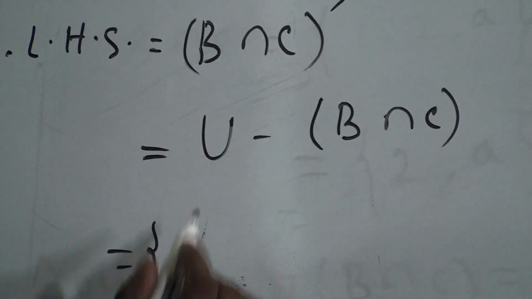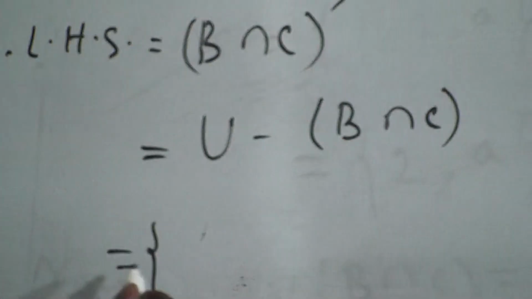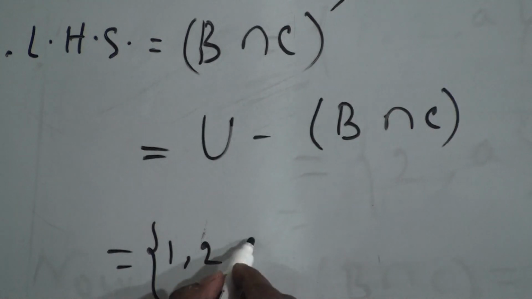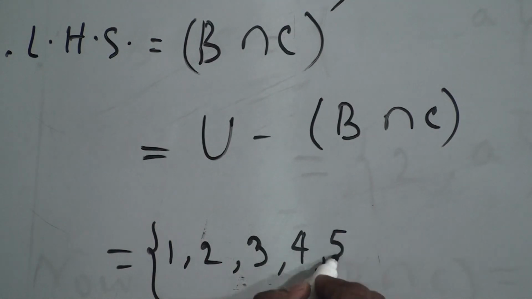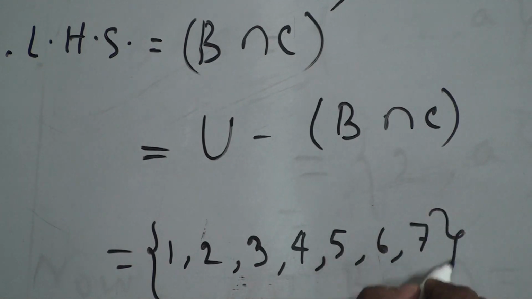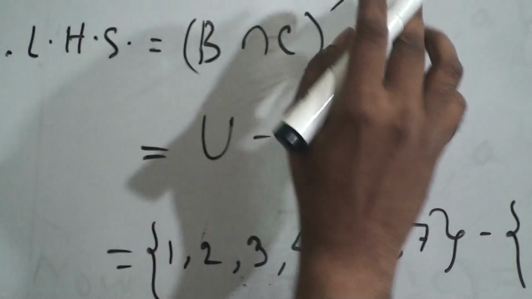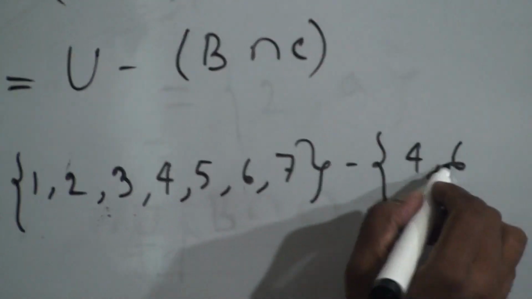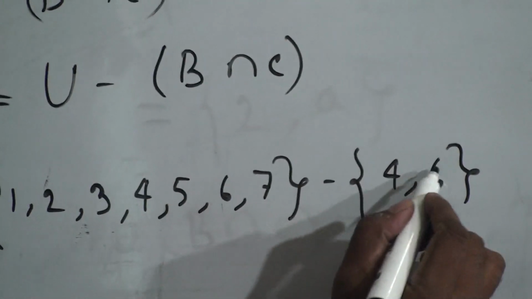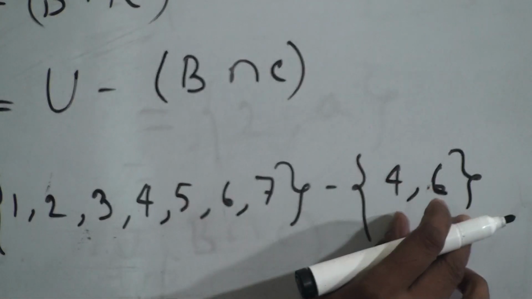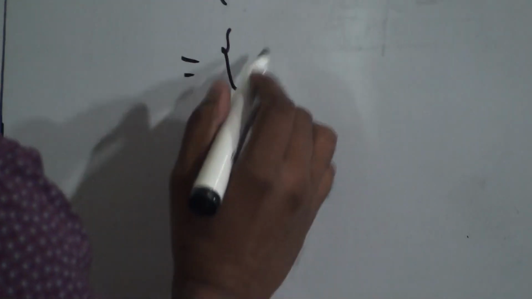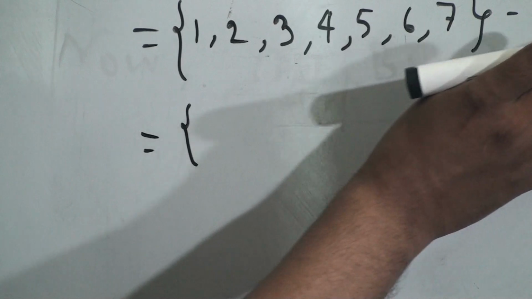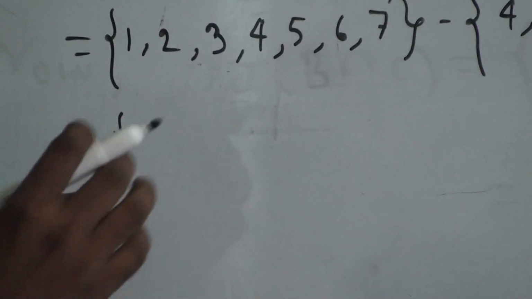Now the value of U equal to 1, 2, 3, 4, 5, 6, 7 minus B intersection C, 4, 6. Now we have to delete this set from this. That means the elements which exist in the first set but do not exist in the second set will come here.